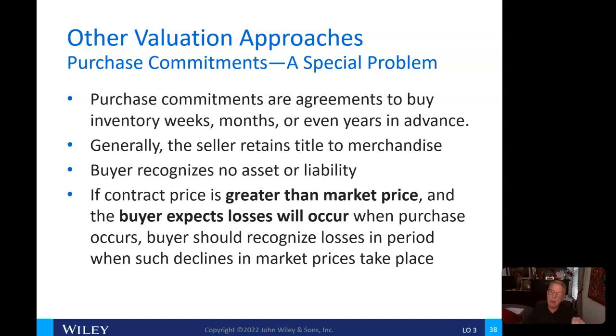But if the contract price is greater than the market price, and the buyer expects losses will occur when the purchase occurs, the buyer should recognize losses in the period when such declines in market prices take place. In my example, the price of pinto beans varies quite a little bit over the course of a year, and for that matter, year to year.